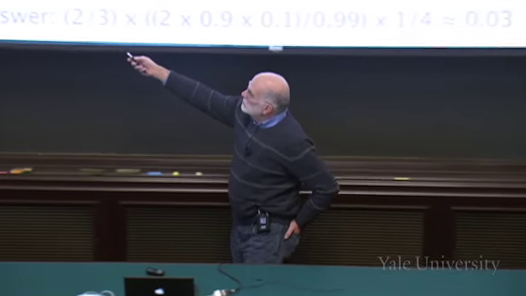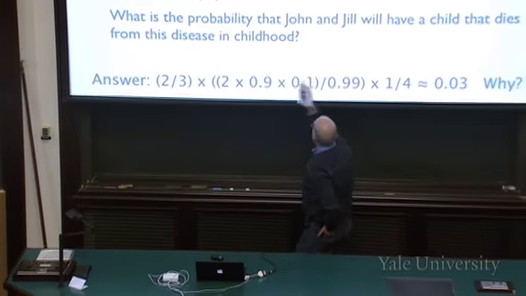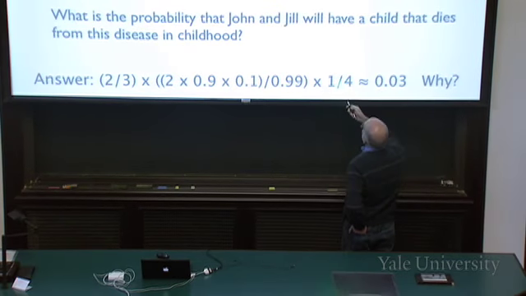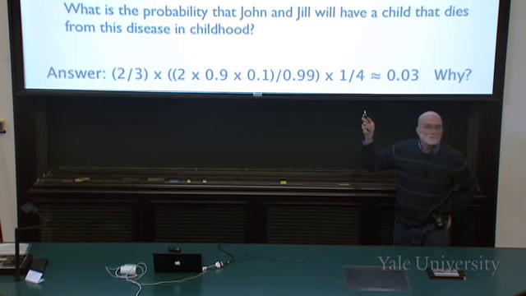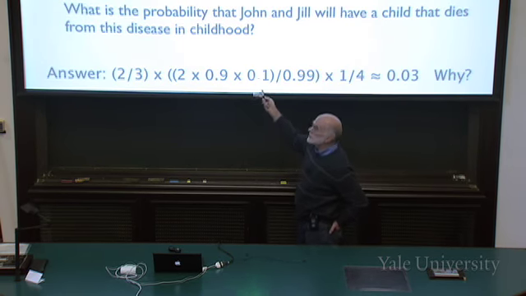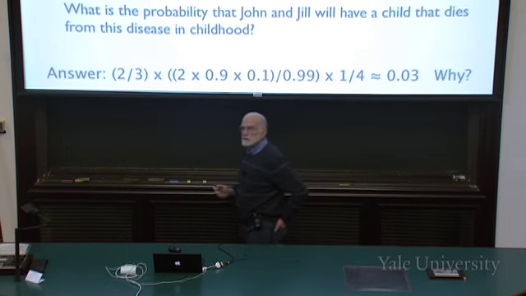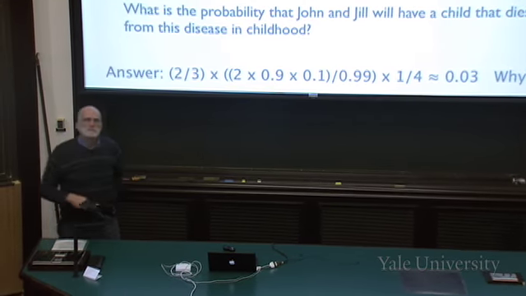So this is the probability that John is a heterozygote. This is the probability that if John and Jill have a baby, it will have the problem. What's this thing in the middle? 2 times 0.9 times 0.1. Right. That's the probability that Jill is a heterozygote.